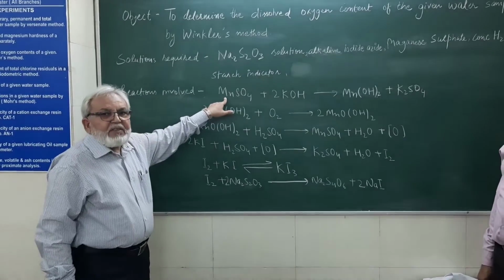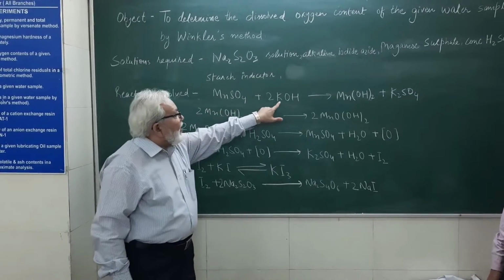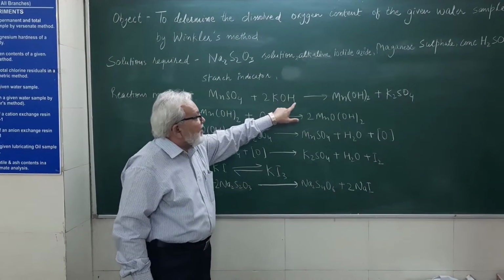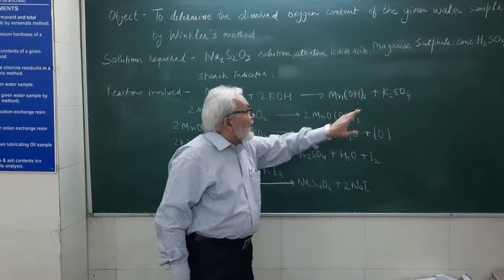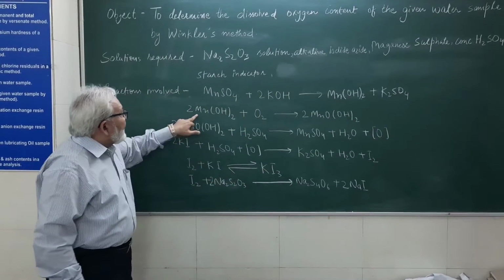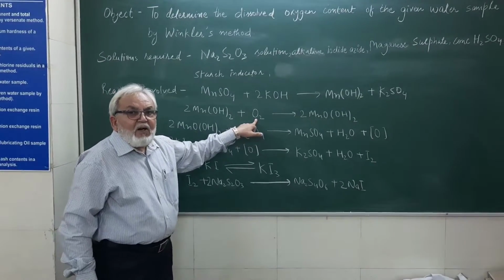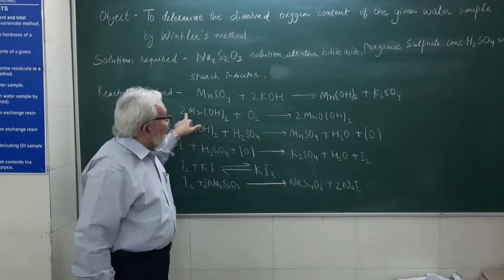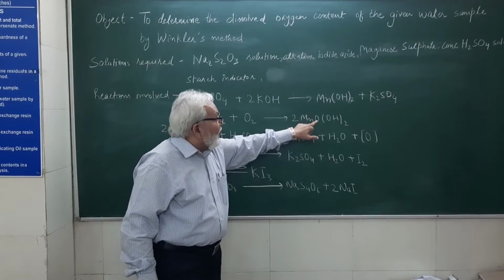Manganese sulfate, which is one of the reagents, combines with potassium hydroxide and gets converted into manganese hydroxide and K2SO4. Then this manganese hydroxide combines with the dissolved oxygen present and gets converted into basic manganic oxide, MnO(OH)2.